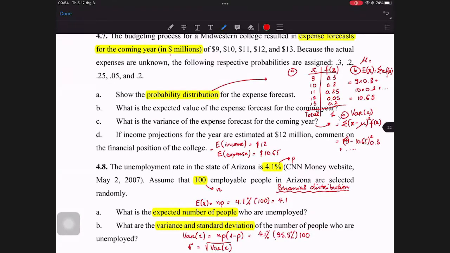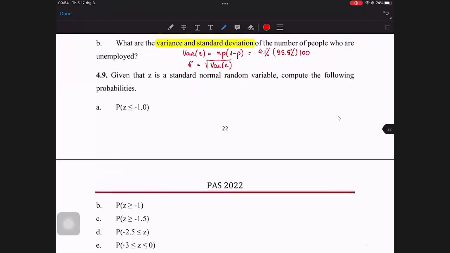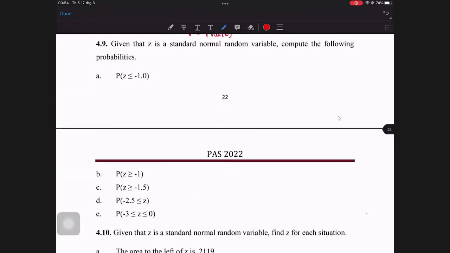All right, so let's move on to the next exercise. Just remember that for tutorial number 4, we studied two different types of random variables. The first one is the discrete random variable, and the second one is the continuous random variable.